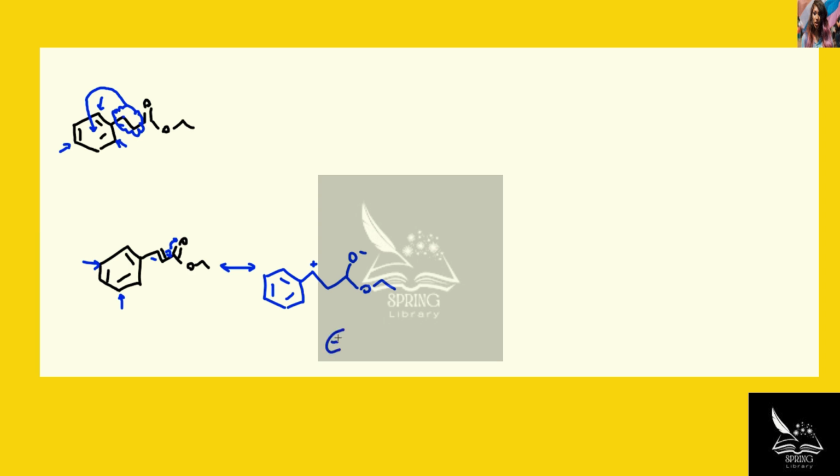If you were to react this with an electrophile, for example here, the electrophile adds in the ortho position, but now this positive charge, if we do some resonance, will end up being localized right next to the positive charge on the benzylic carbon.